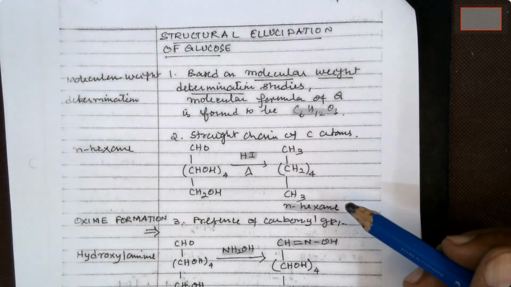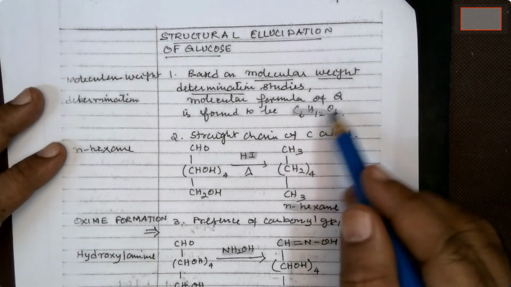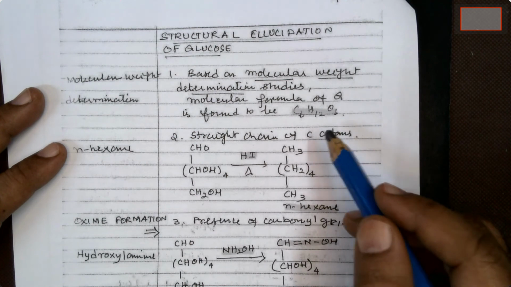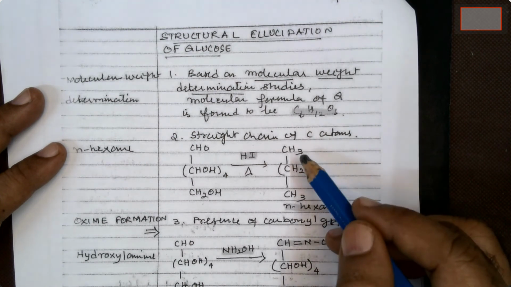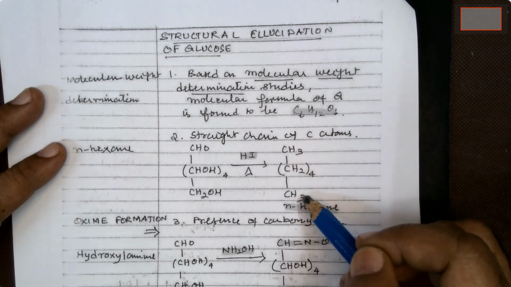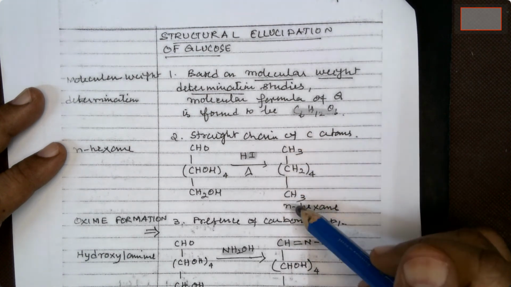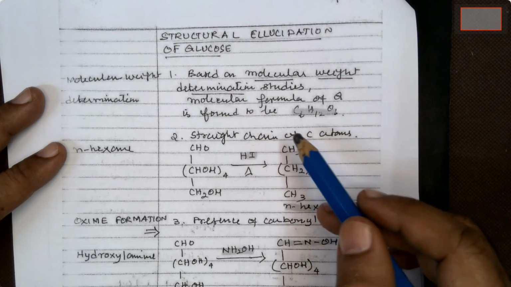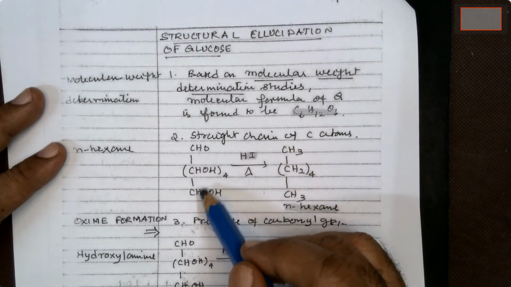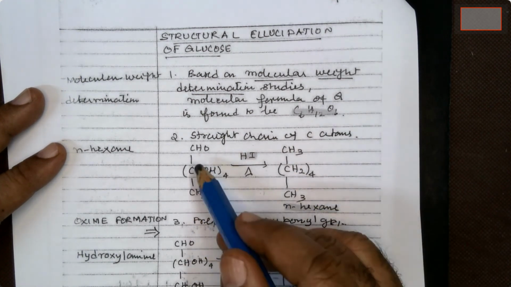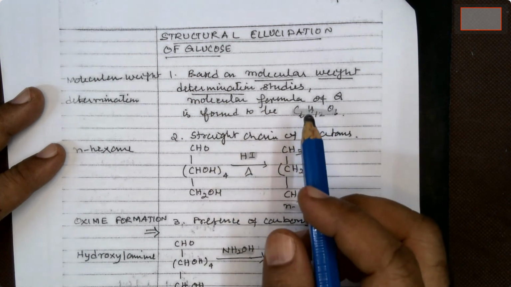You can write the structure of n-hexane, which is CH3, CH2 four times, then CH3. It means n-hexane is a straight chain, and therefore glucose should have a straight chain of 6 carbon atoms.